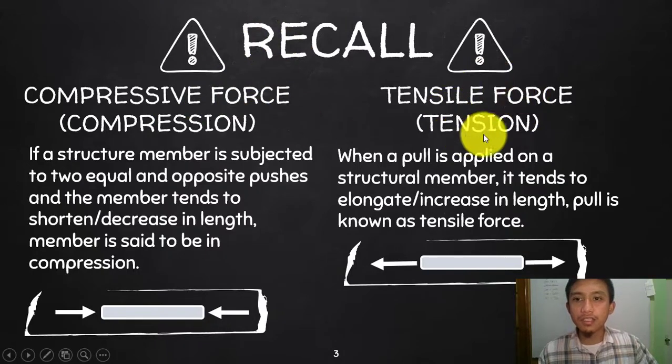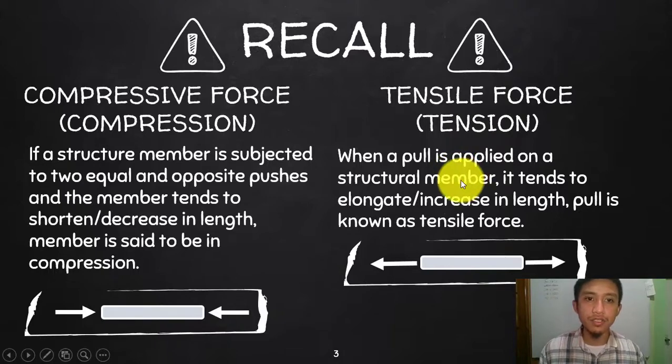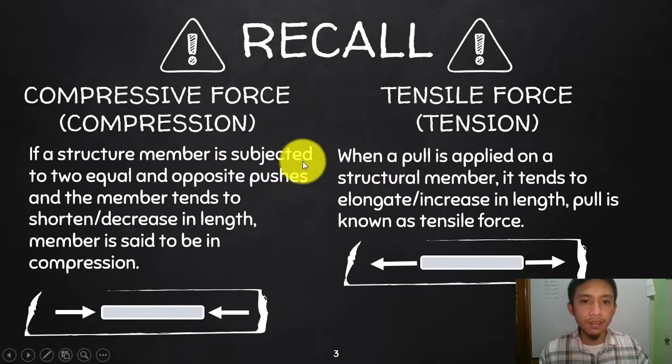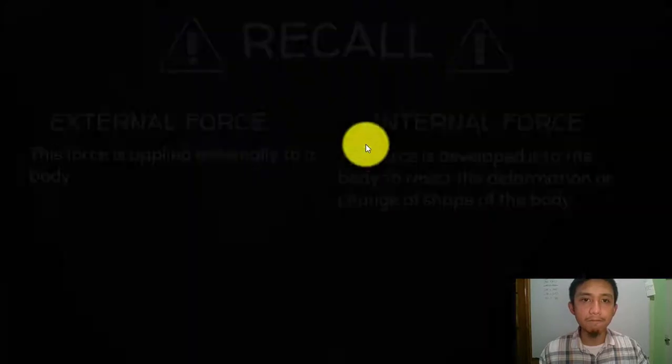While tension is a force trying to elongate the material, or a force going away from a certain area. Those are the two types of forces, compressive force and tensile force. That is important. We need to recall those two types.